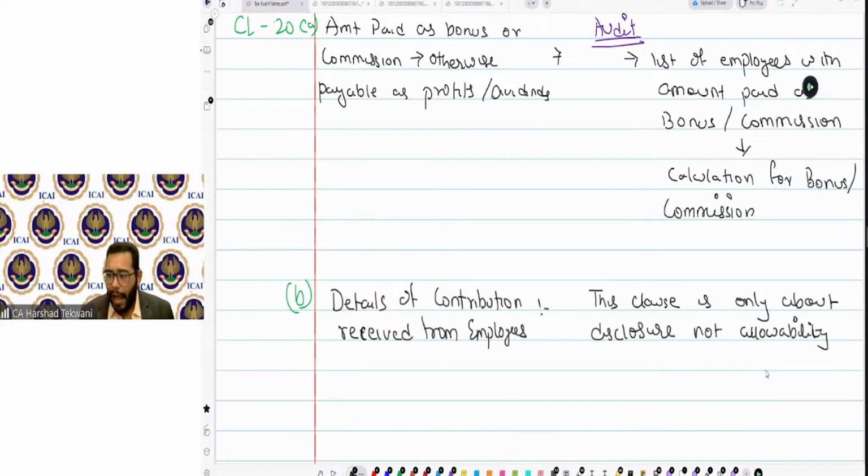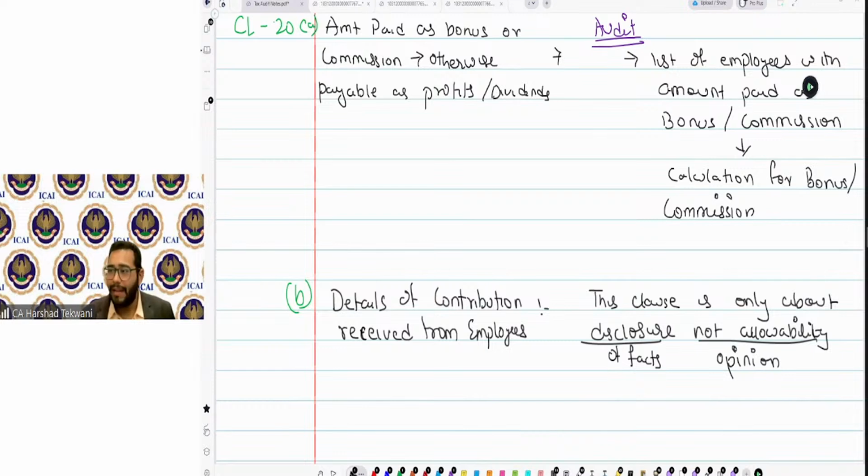So here I am not required to express whether this particular amount should be allowed as a deduction or expenditure. I am not here to express an opinion about allowability. I am here to disclose the facts which are there. It's about the disclosure of the facts.